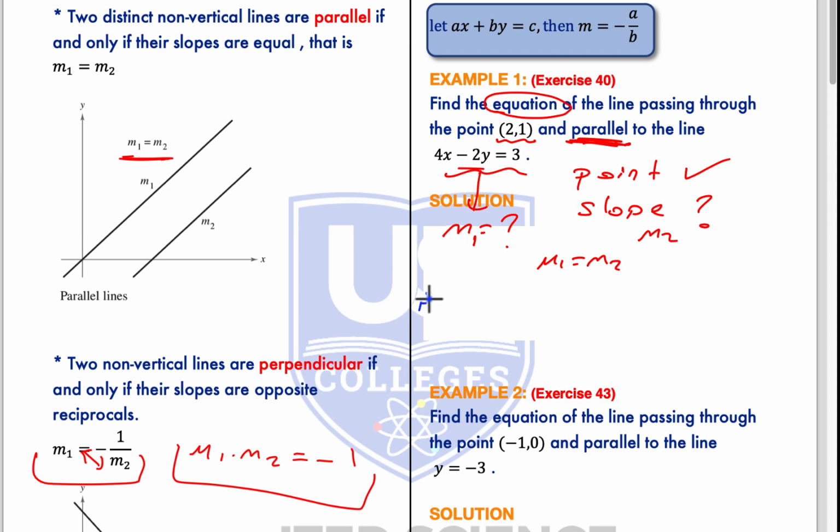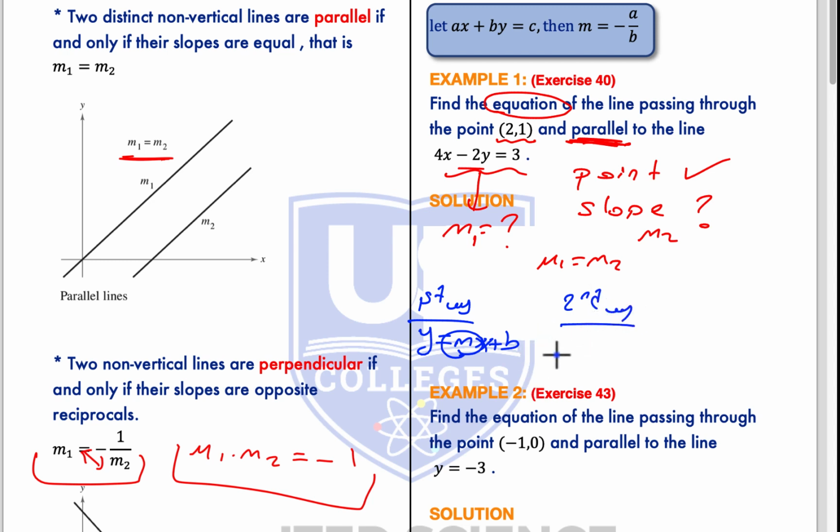The first way, if the equation is given, you can write the equation in slope-intercept form, in the form that y is on one side of the equation, everything else is on the other side, and the coefficient of x gives you the slope. It's a way. And I told you that I will explain another way of finding slope.